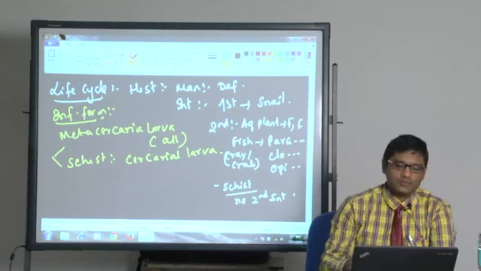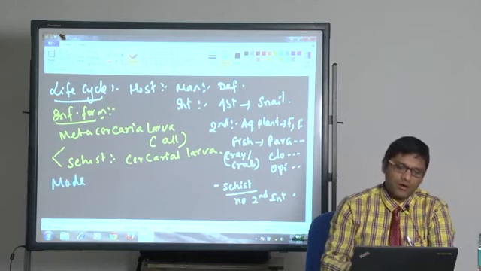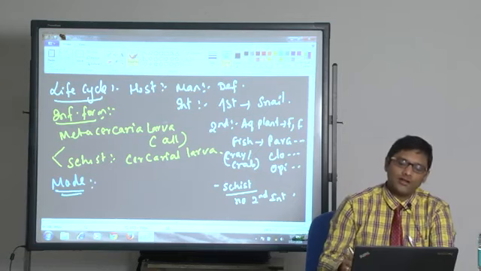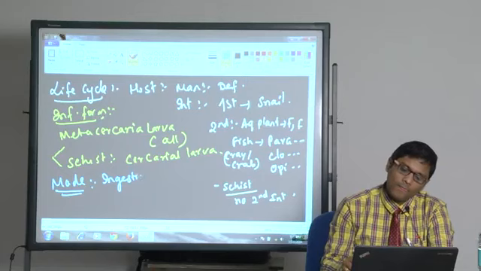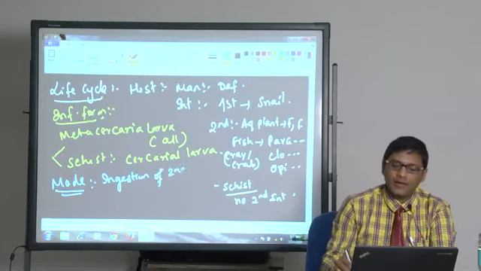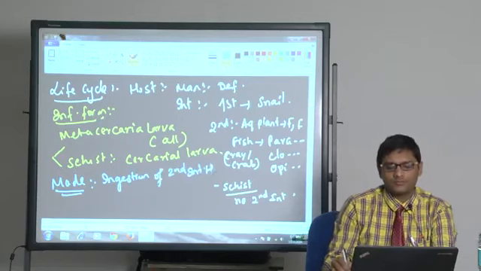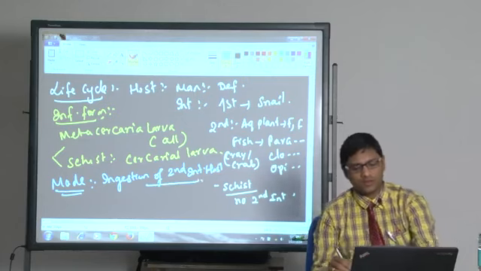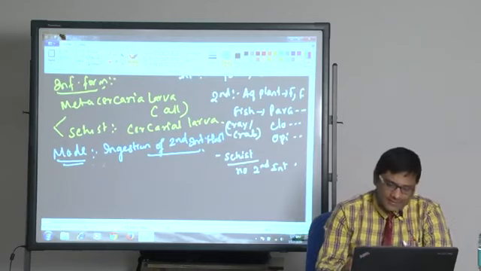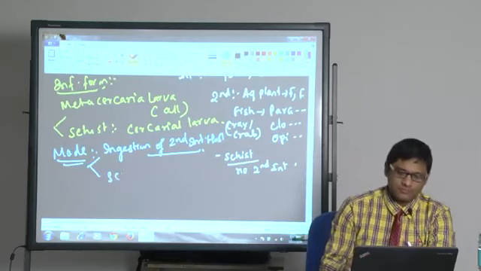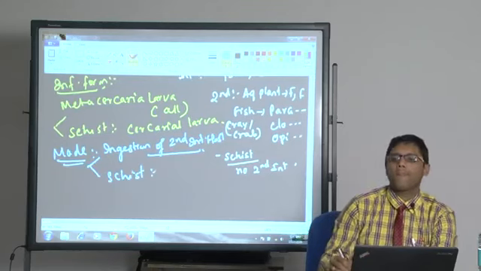Similarly, mode of transmission: ingestion of the second intermediate host is the most common mode of transmission seen in most of the trematodes, except, which is the exception, Schistosoma.